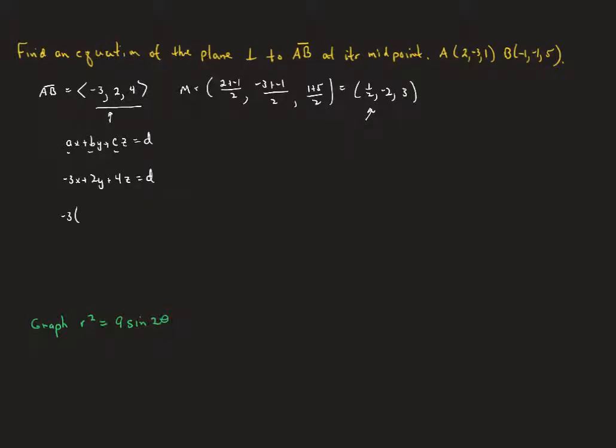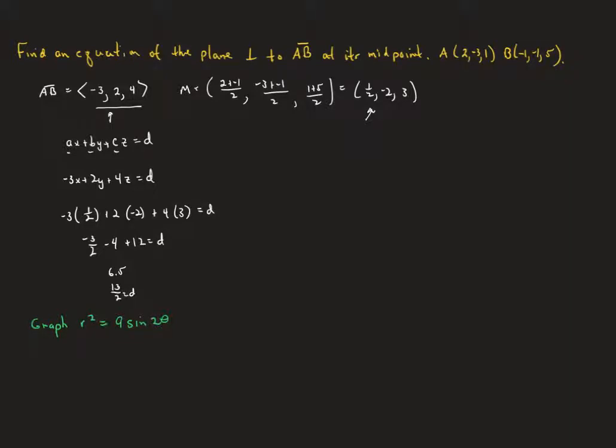So that's negative 3 times 1/2 plus 2 times negative 2 plus 4 times 3 is going to be our D. So that's negative 3/2 minus 4 plus 12. So that's 8, and 8 minus 1.5 is going to be 6.5. Or I guess we could think of that as 13/2.